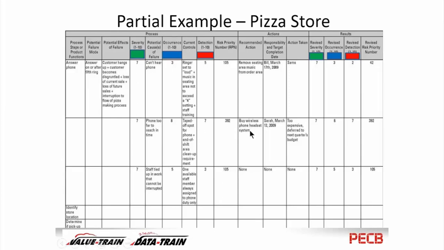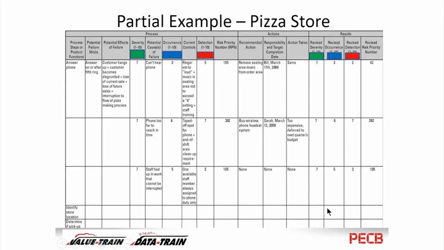And so this team made a recommendation to buy a wireless phone headset system, and those are very common in fast food restaurants in the U.S., so that the phone is always on your head. You don't have to go any place, no matter where you are, no matter what you're doing.